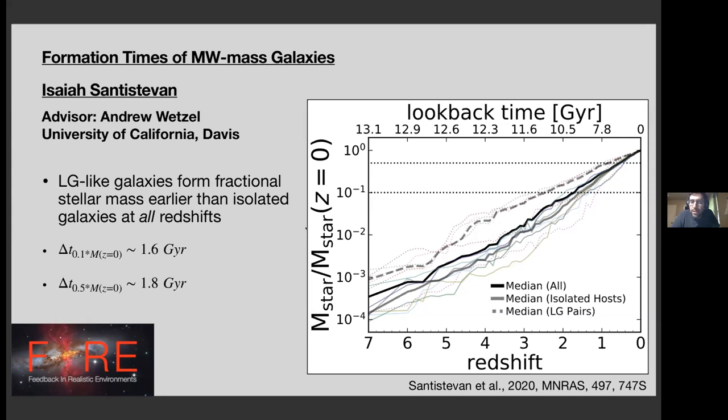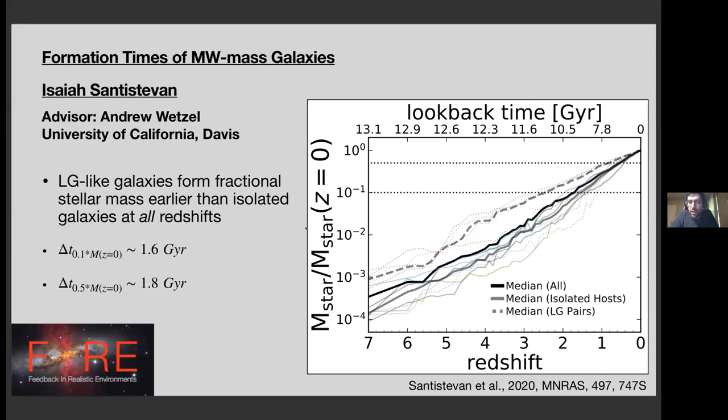But I want you to focus in on the thick dashed gray line, which represents the average stellar mass growth of a Local Group-like galaxy, and compare that to the thick solid gray line, which is the same for an isolated galaxy. And what you should be able to see is that the Local Group-like galaxies are forming any fraction of their stellar mass earlier than the isolated galaxies do at all redshifts that we looked at.